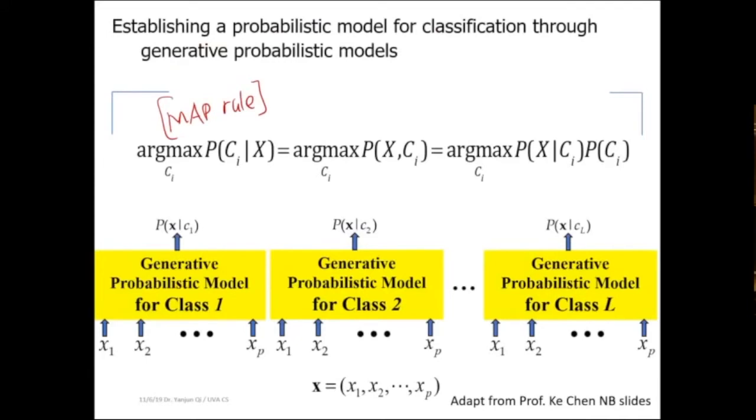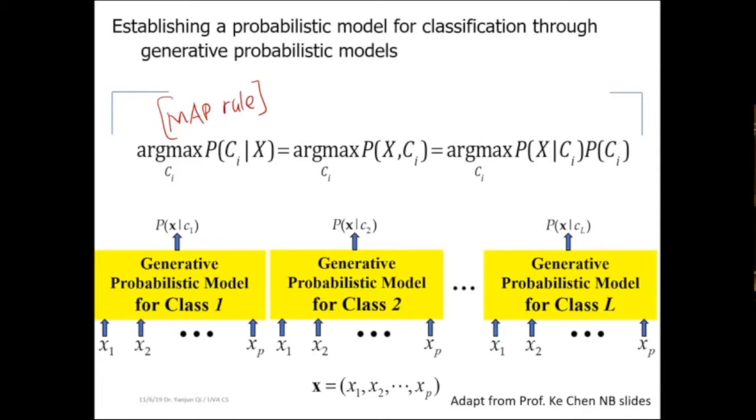Then you multiply them together, and for a specific x that you care about, maybe on future data, you perform the argmax operation and get the best classification. Whoever gives me the best probability is the classification label I'm going to predict.